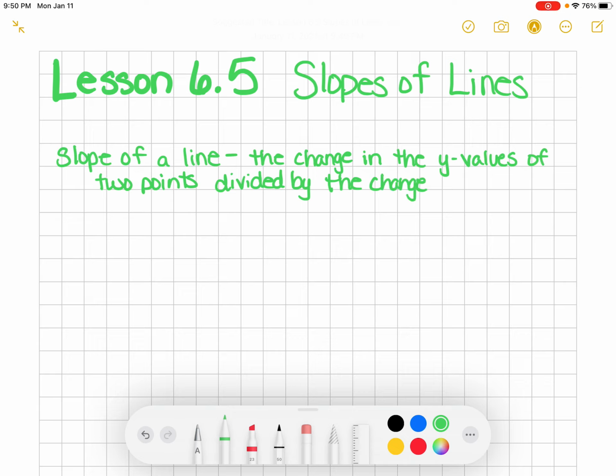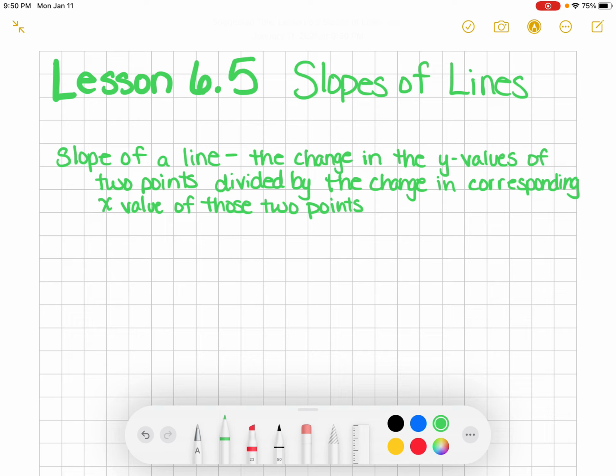So both of these have change in the definition, right? And the corresponding x value of those 2 points.